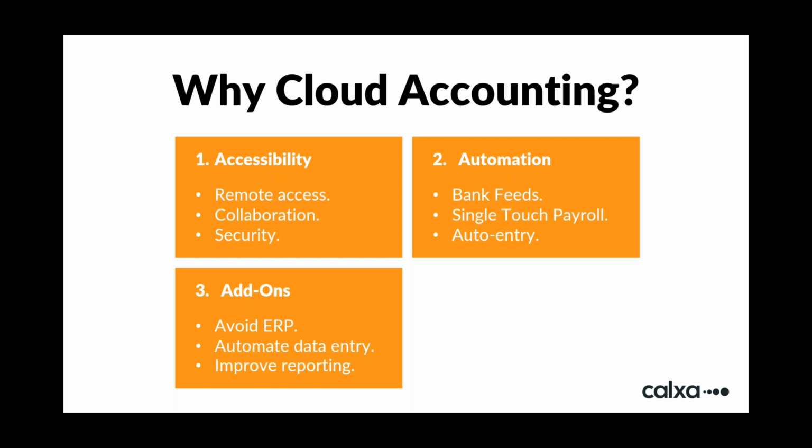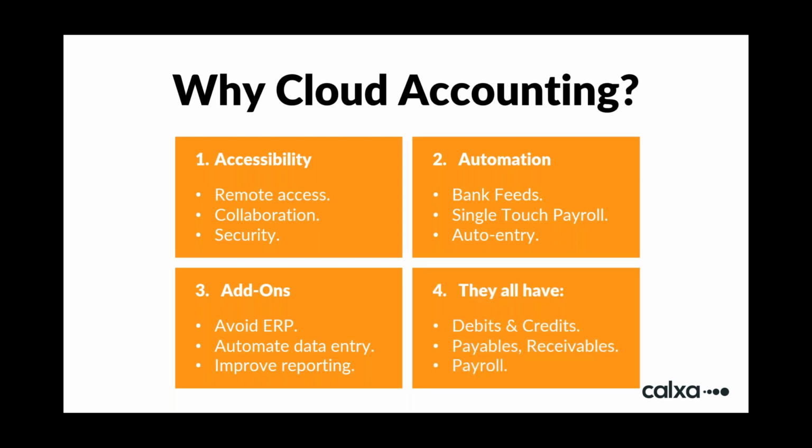And again, better reporting is part of that. It's about using that information that you have in the accounting system to get the best management information for your organization. And I'm going to talk shortly about the differences between the main products, MYOB, QuickBooks, Xero.